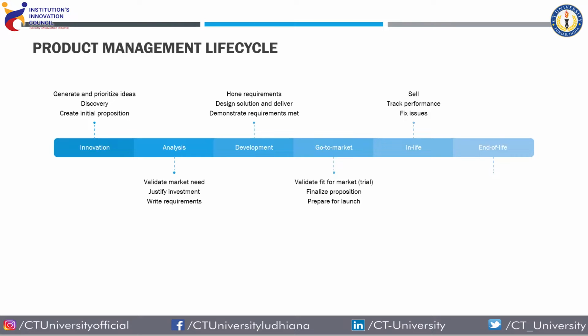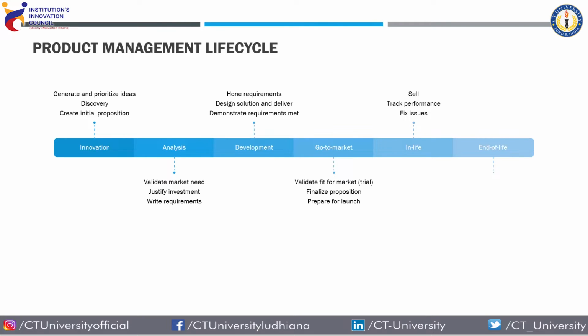Then we have to do the analysis. Analysis basically comes in the applied research area. Applied research means we have to read some research papers and see what things are available in the market, and how our innovation is different. That is the analysis part.